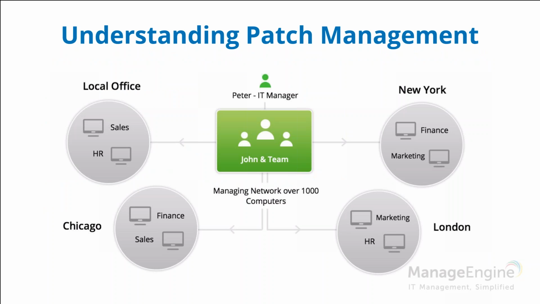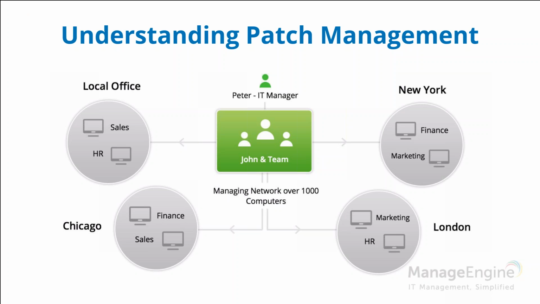Now to explore and walk you through different features of patch management, I have taken a scenario to better understand the patch management model in the backend. So as you see in the screen, John and his team are managing more than 1,000 computers in a network which is spread across different locations, different sites which contain different departments.